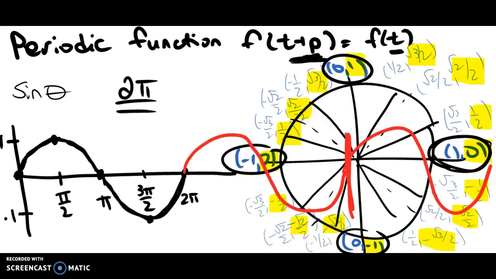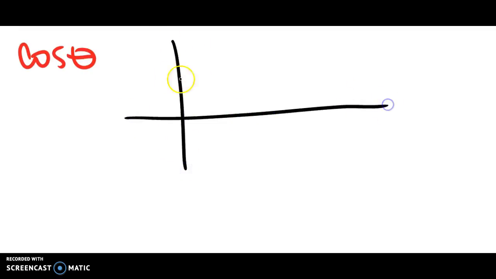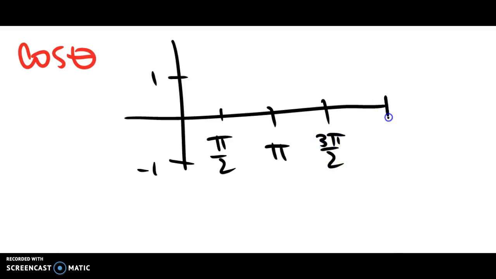All right, let me scroll down just a second, and let's talk about the period of other functions. The cosine function is going to do the exact same thing, though it looks a little different. If I graph the cosine function, here's 1, here's negative 1, and again we tend to graph pi over 2, pi, 3 pi over 2, and 2 pi.